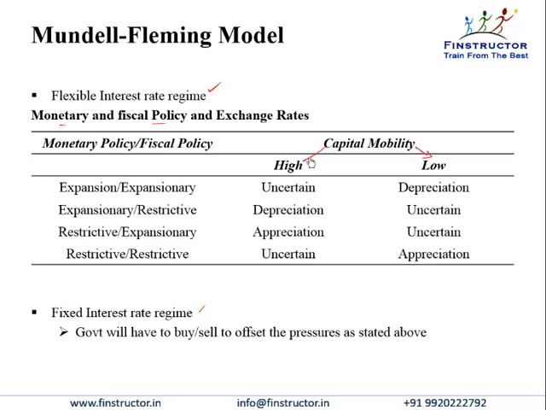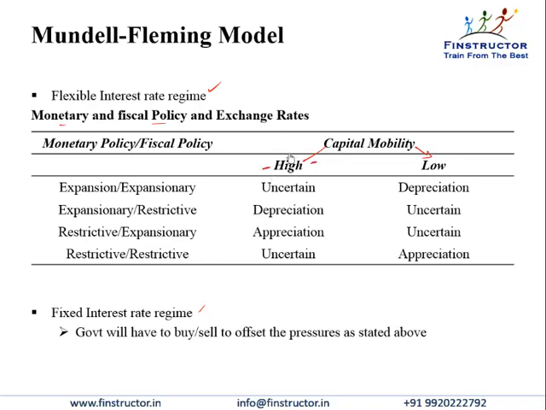High capital mobility means that I am easily able to buy and sell assets in this country. If I don't like, I can repatriate my investment. Whenever I like, I can invest again. So theoretically, tomorrow I can take all my money out of the country, and the day after I can invest all my money back into the country. This will be an example of high capital mobility.